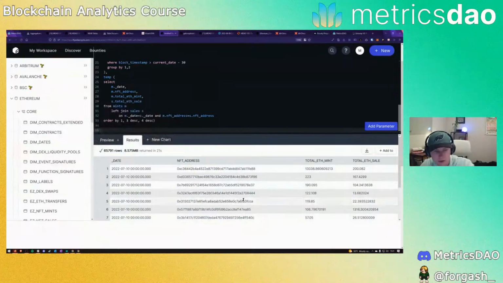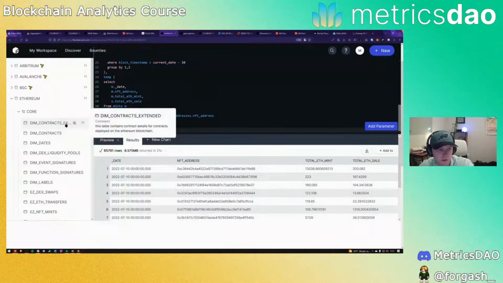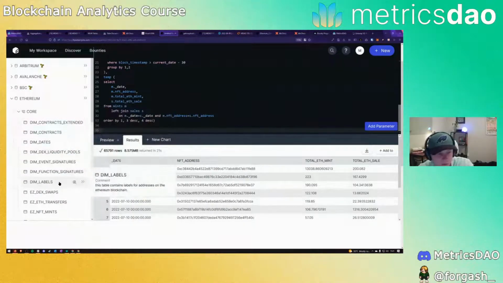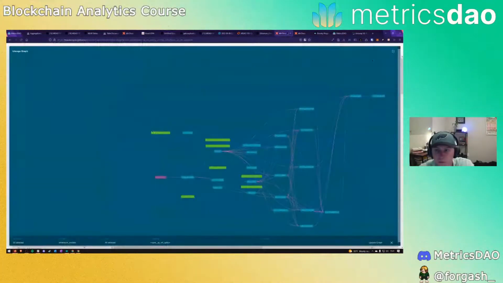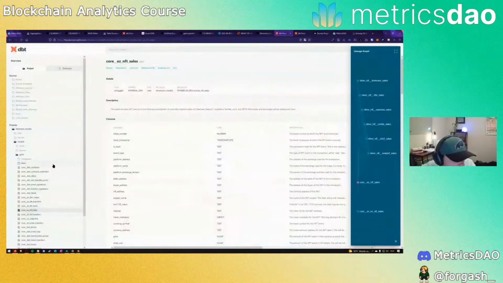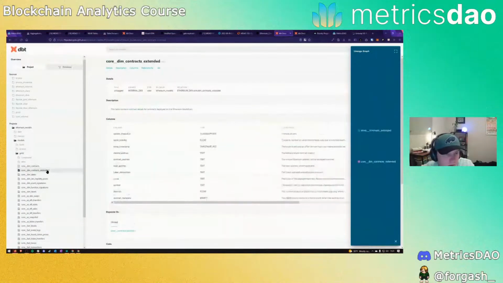The way we do that is we say, all right, let's take these NFT addresses and check, are they in DIM contracts or are they in DIM contracts extended? Because I believe those, or even labels. I'm frankly not sure without checking the documentation, which we actually have open here. DIM contracts, tables and contract deployed, contracts extended.